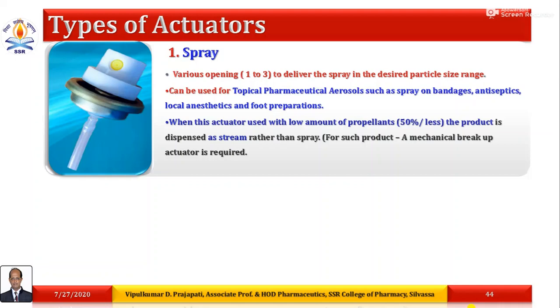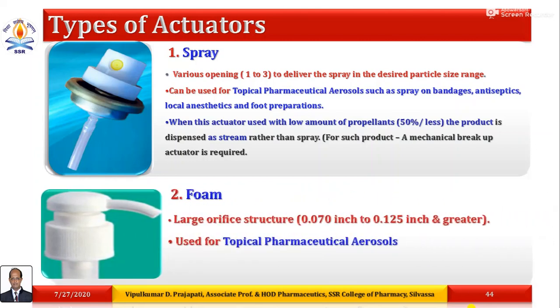For such a product, a mechanical breakup actuator is required. The mechanical breakup actuator breaks down the stream type dispensed product into a spray form product.